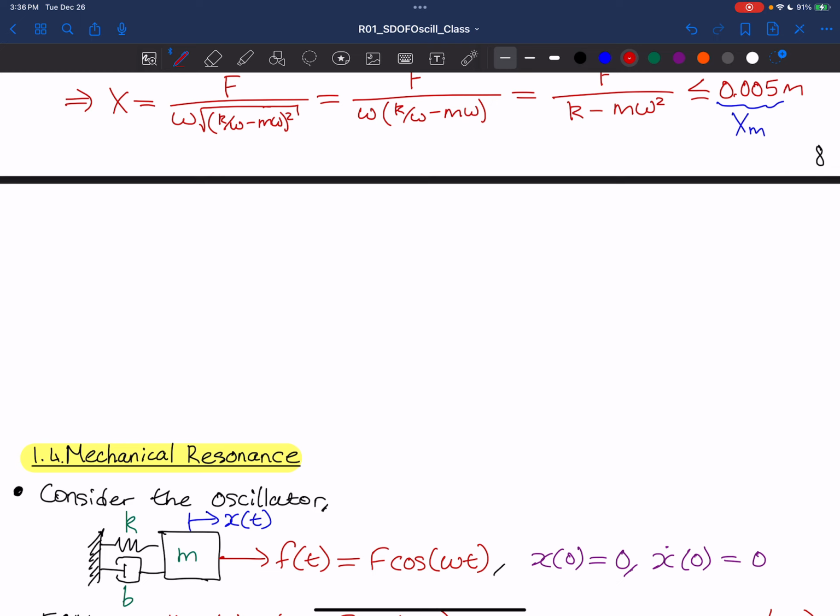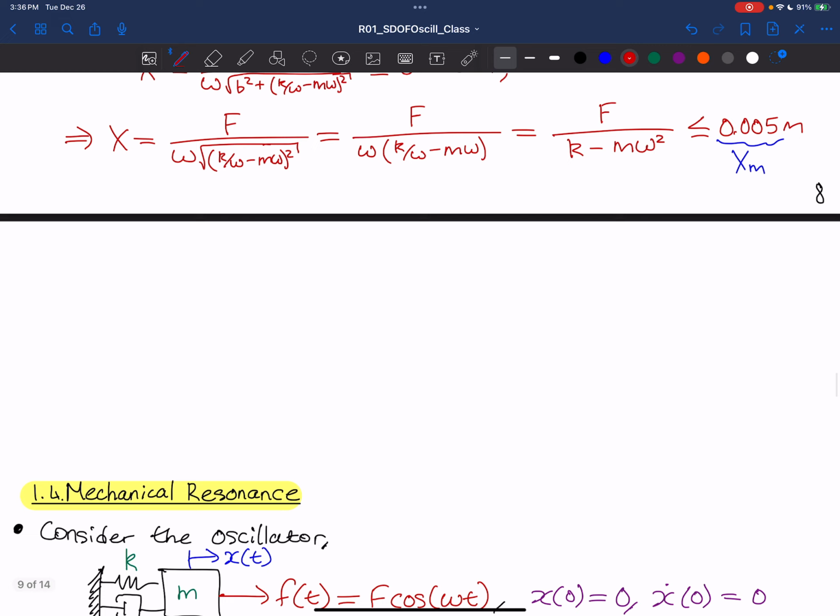So what we can do is multiply by the denominator, and we'll find that F, the force applied, must be less than or equal to the quantity K minus M omega squared times big X M. We're now going to divide by big X sub M to find that F divided by big X sub M must be less than or equal to K minus M omega squared.